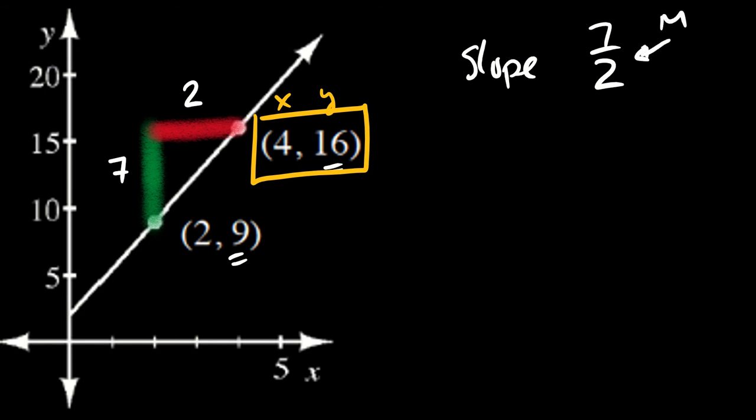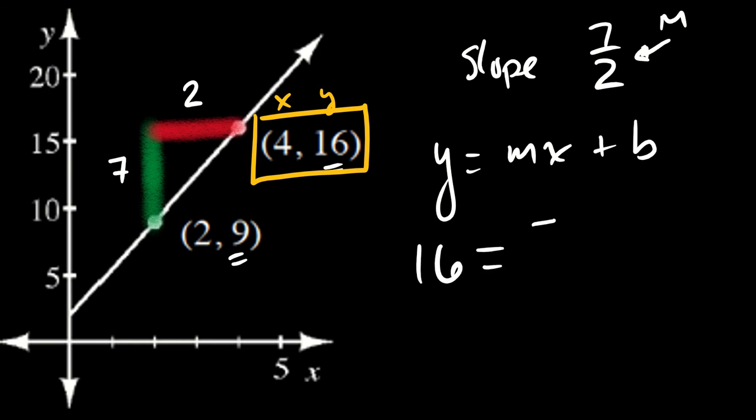So thinking of a linear equation in the form y equals mx plus b, we know that y is 16, my slope is 7/2, and x is 4. This point lives on the line, so this is a valid substitution into this equation. And then I write the plus b.